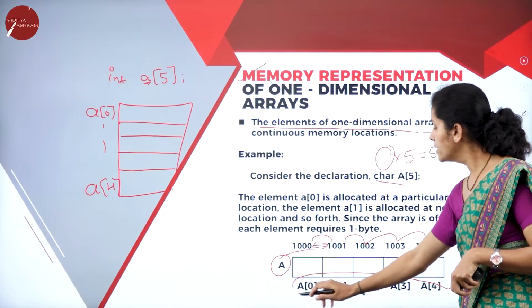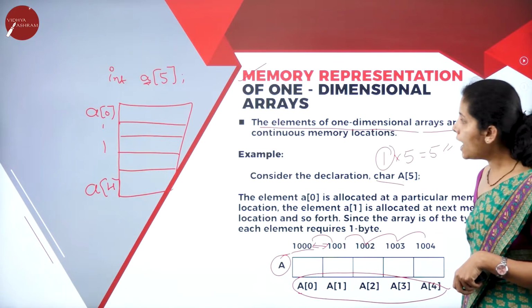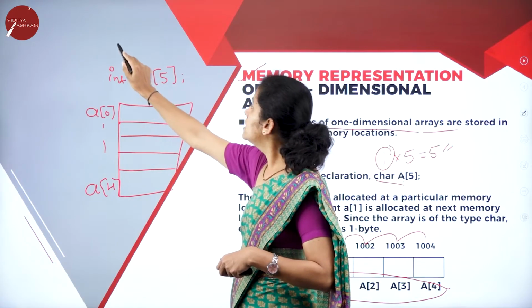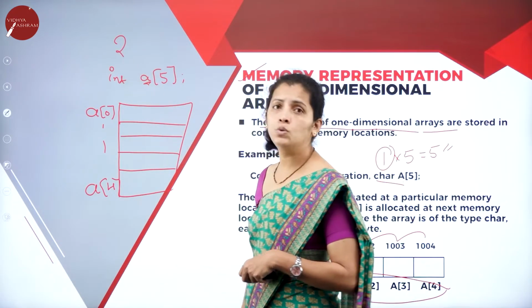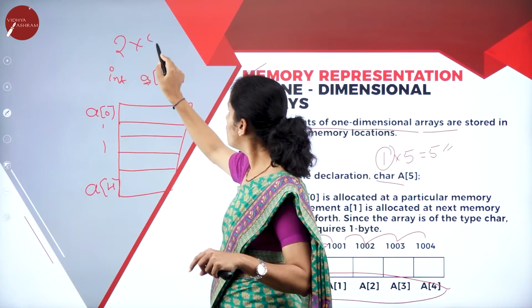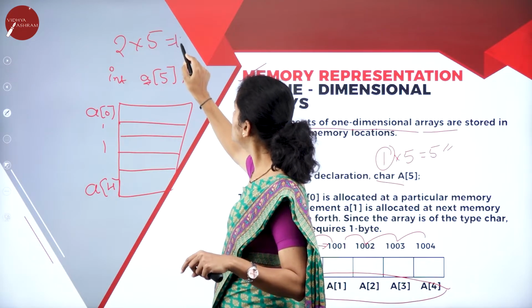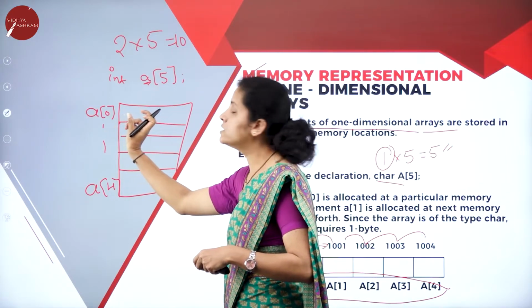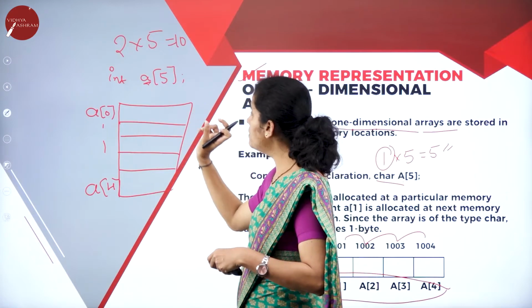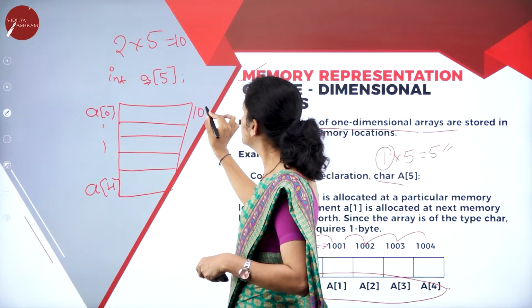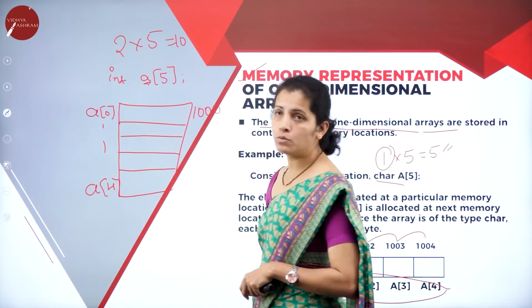These are the index. And if I consider this example, so it is 2 byte, integer holds 2 byte into 5, it is total 10 byte. And each element capable to hold 2 byte. For example, think that it's going to start from 1000.